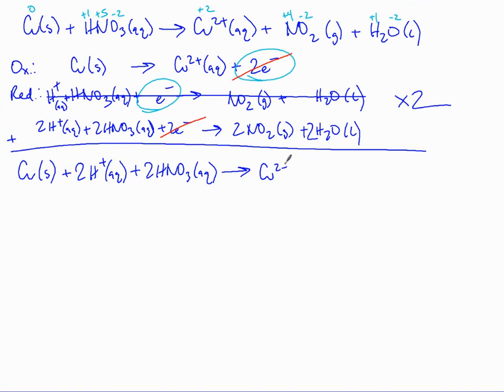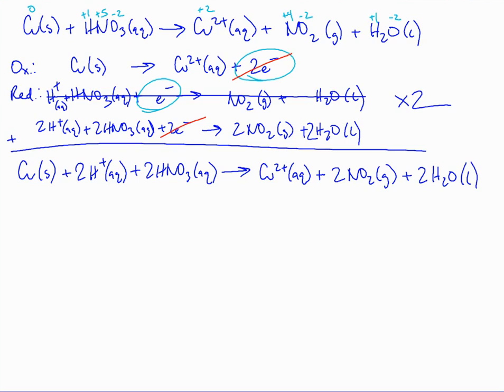Yields copper 2+ aqueous plus 2 NO2 gas plus 2 H2O liquid. Cancel things that appear on both sides. That was just the electrons, and everything else looks good.